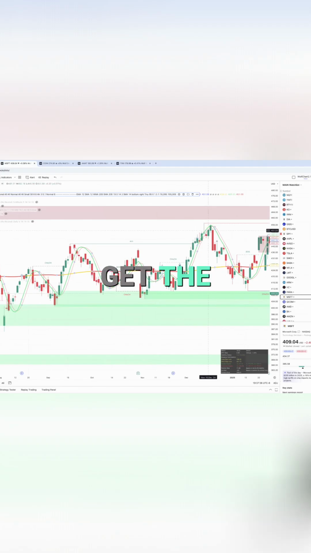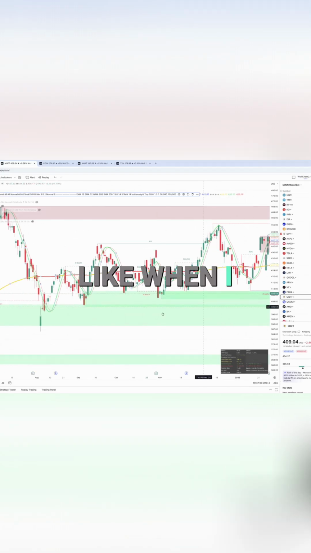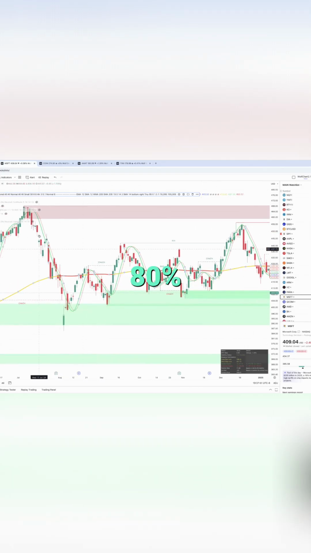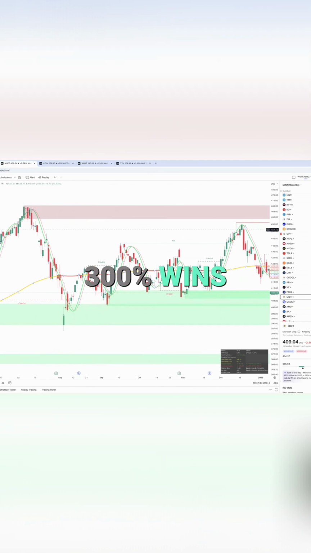These are when you get the really, really good returns. When I have big returns, it's moves of 80%, 100%, 300% wins. I'm playing these supply zones and these demand zones. But this arc confirmation is allowing me to get in early, even if I'm under my 200.